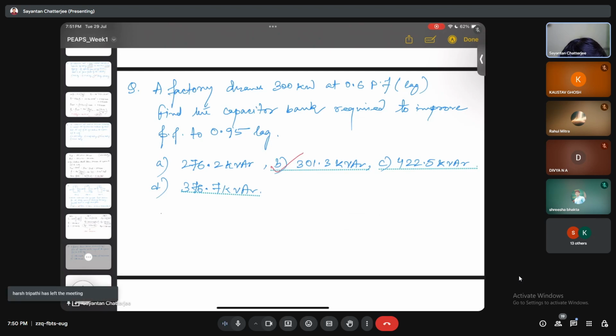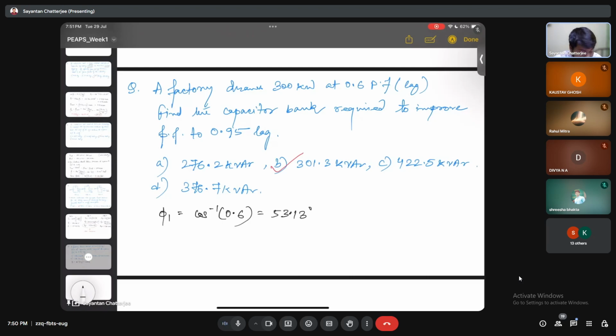So we can see phi 1. Phi 1, what will be the value? Cos inverse 0.6. Cos inverse 0.6 will be 53.13. Okay.